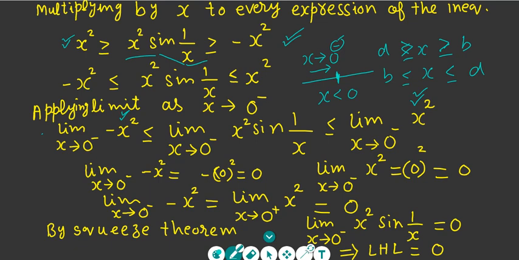So by the squeeze theorem, if the limit of the smaller function and the greater function are equal, then the limit of the middle function is also equal to that limit. So by the squeeze theorem we have calculated that the left hand limit of our function x square into sine of 1 upon x is equal to 0.